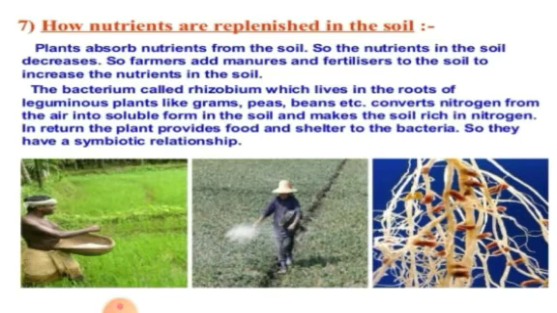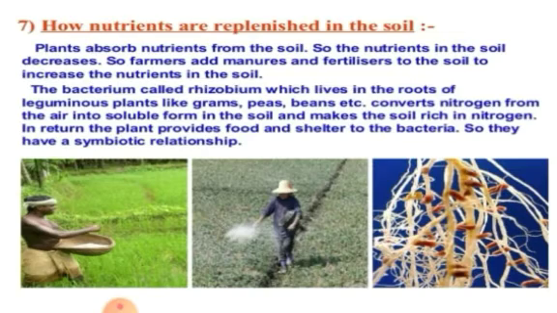This bacterium converts nitrogen from the air into soluble form in the soil and makes the soil rich in nitrogen. Now why do plants need nitrogen? We know the plants prepare carbohydrates, but we get carbohydrates, proteins, fats, all these things from the plants.